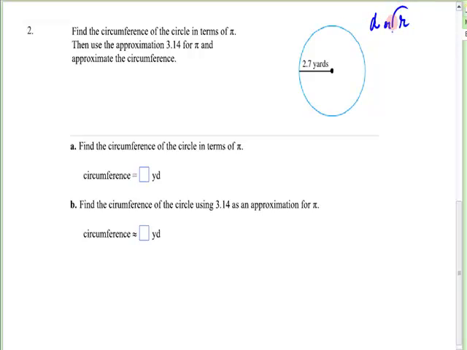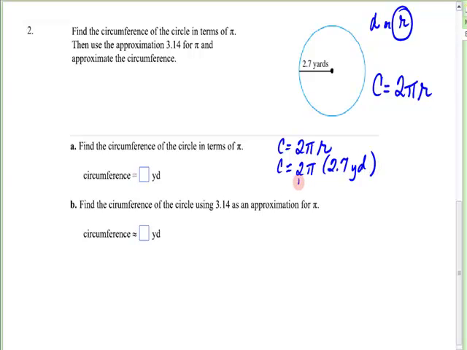In this case, you're given the radius. So you need the formula circumference is 2 times pi times r. In terms of pi, circumference is 2 pi r. So circumference is 2 pi, and the radius is 2.7 yards.